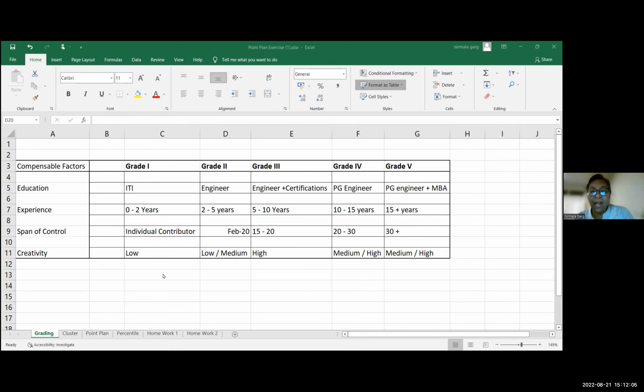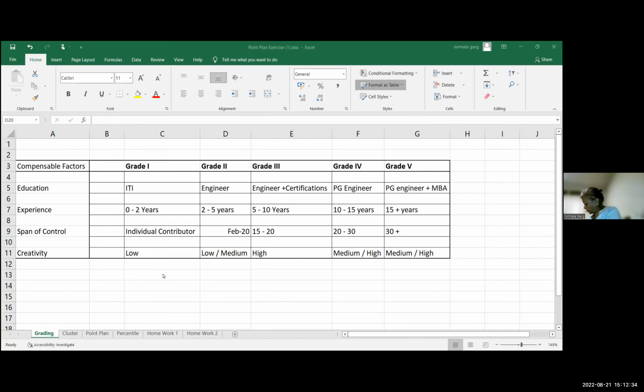Now Wilma has mailed 20 positions of a particular manufacturing organization. What you need to do is look at only 10 positions, but take them from different functions. I hope all of you have that downloaded.